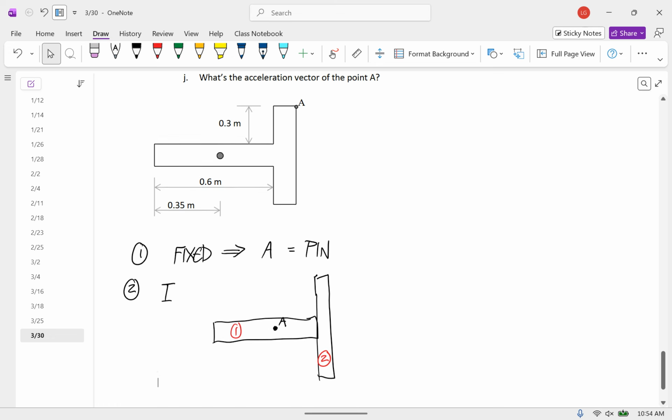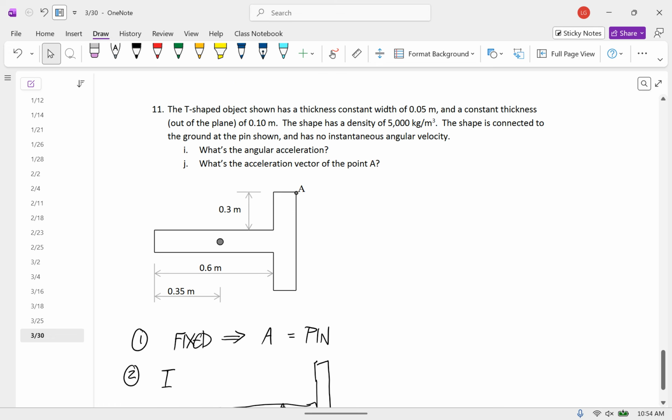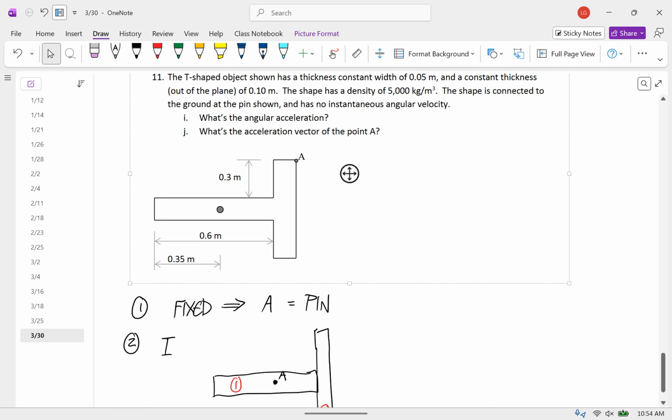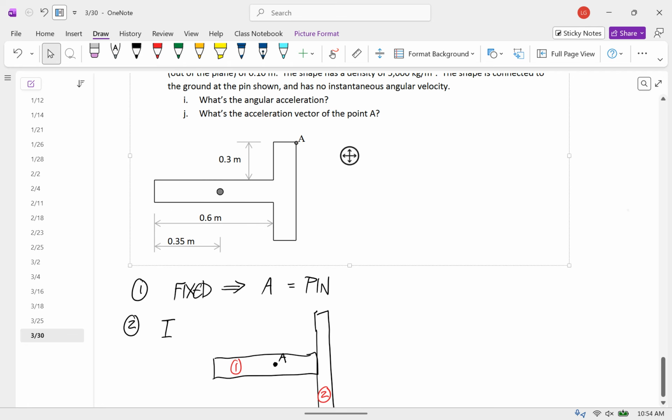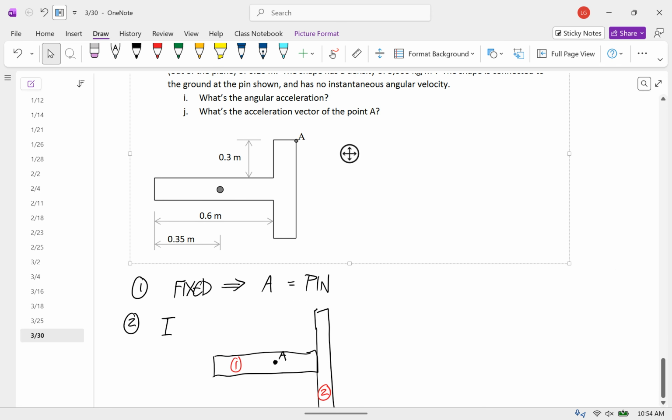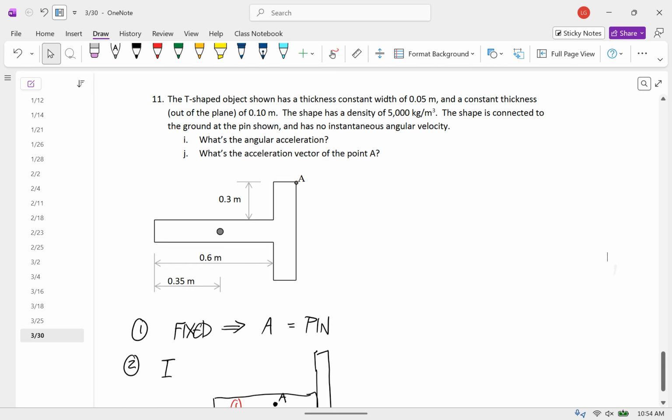What do we know about the shape? There's a constant width of 0.05, and a constant thickness out of the page, so we have to do it with density. Coming out of the page, it has a thickness of 0.1.